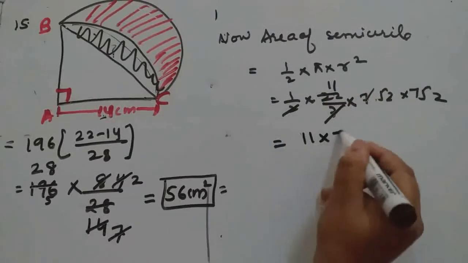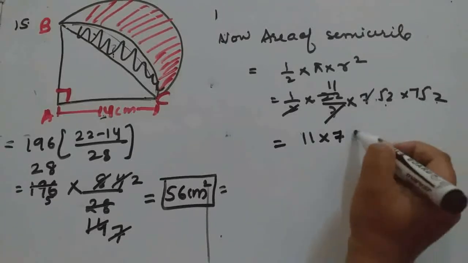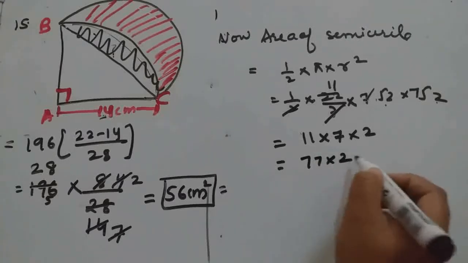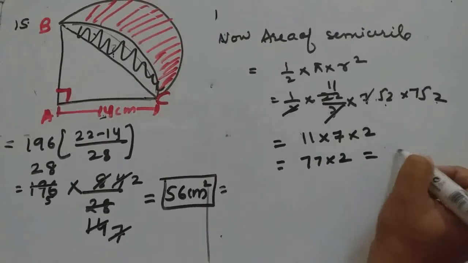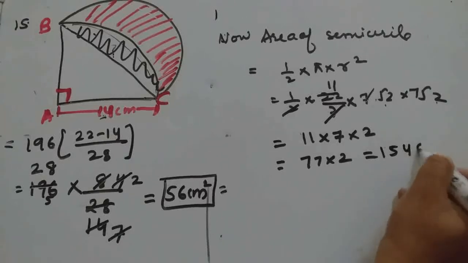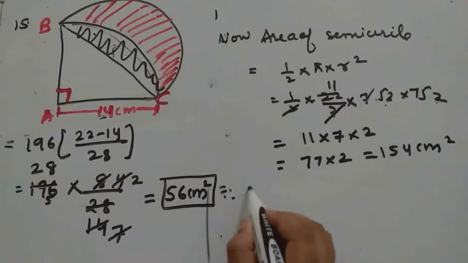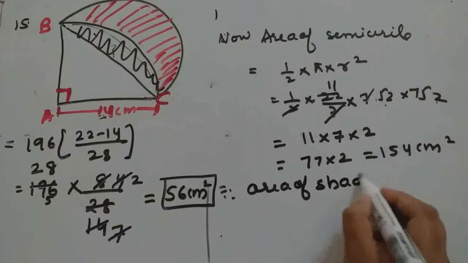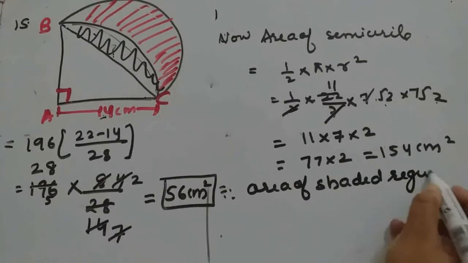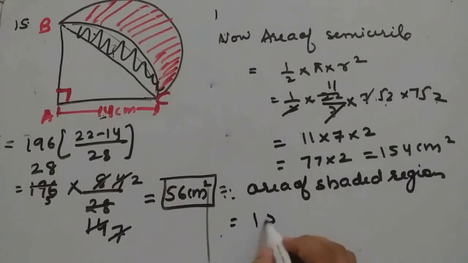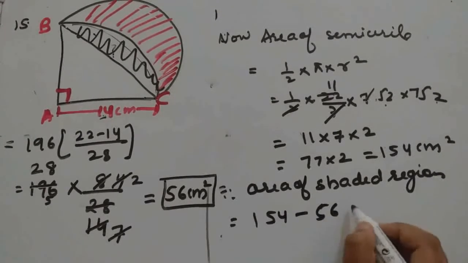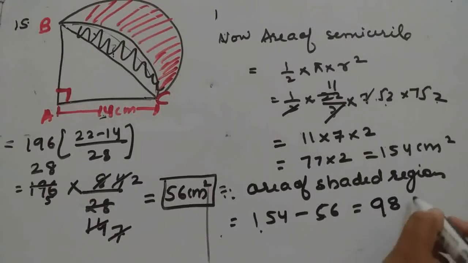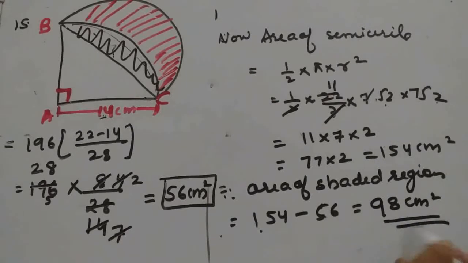So 11 into 7 and root 2 into root 2 is 2 only. So 77 into 2 will give 154 centimeter square. Therefore, area of shaded region will be 154 minus 56. So this will give 98 centimeter square is the answer.